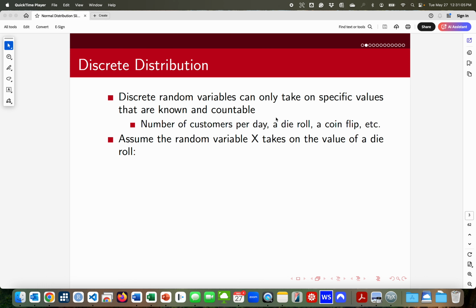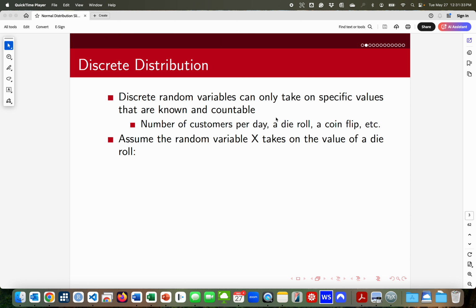The Poisson distribution is used when we're trying to estimate the number of times something might occur in a fixed interval. If the interval is a day, how many customers do you get per day? That's a Poisson distribution. That's not something we're going to cover in this class, but that's another discrete distribution that you may have worked with in the past.